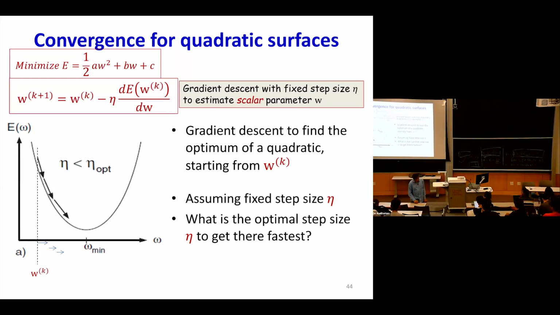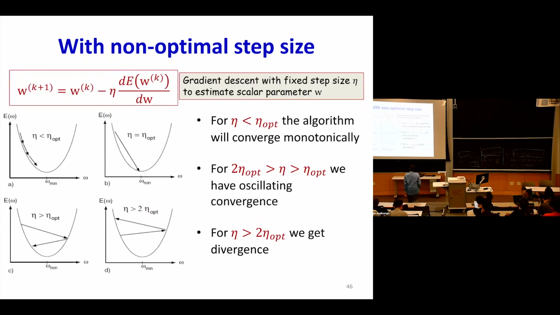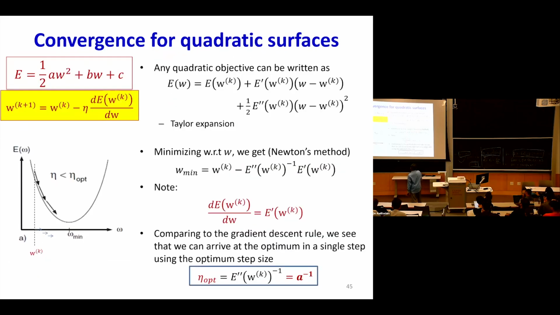There is a one-step solution where my step size is exactly equal to the inverse of the second derivative, which is simply going to be my constant a. I'm going to get to my solution in one step. Everybody with me so far?